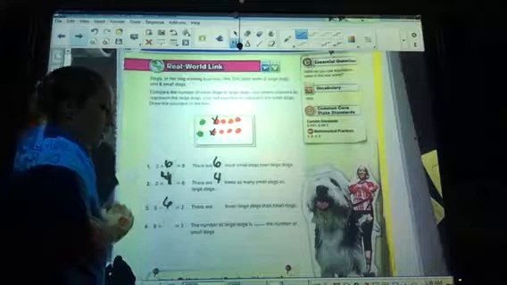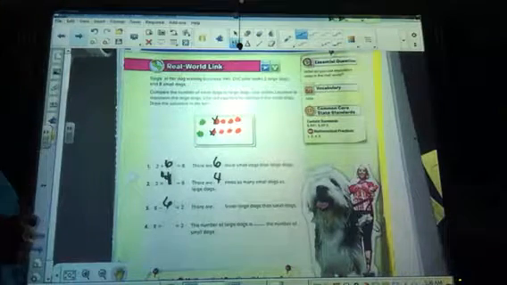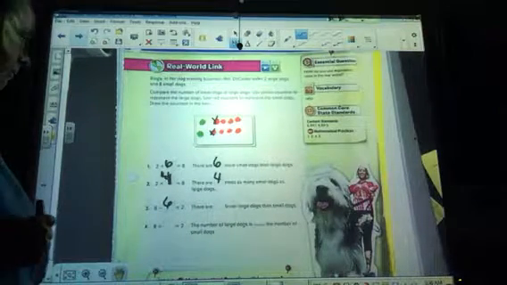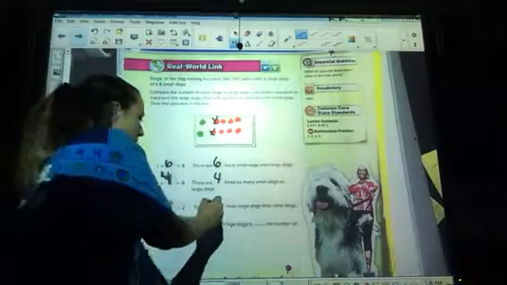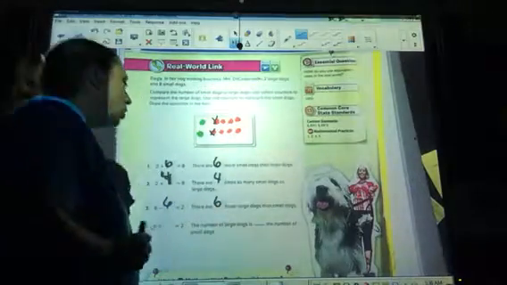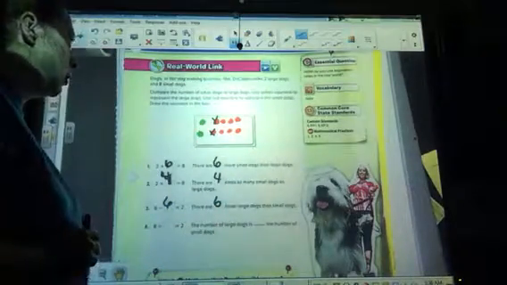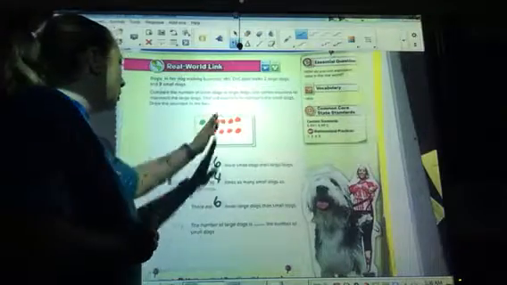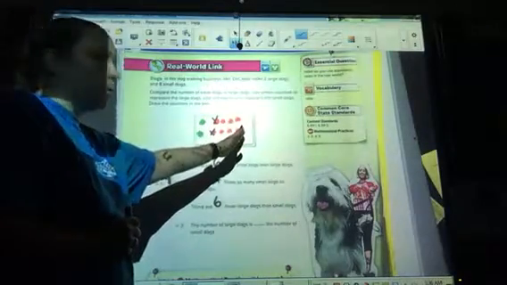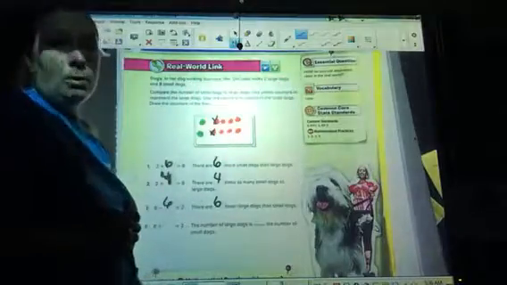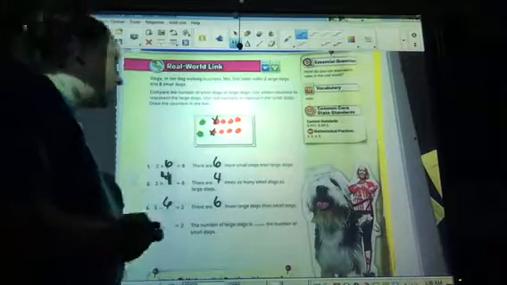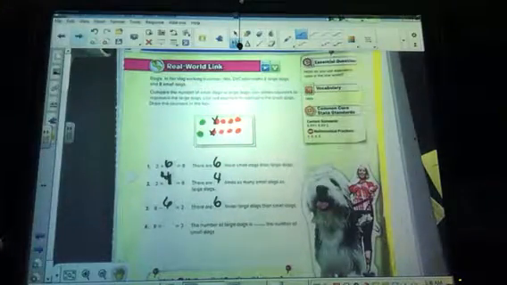There are blank fewer large dogs than small dogs. There are 6 fewer large dogs than small dogs. Again, you got 6 more small dogs, so there's 6 fewer large dogs than small dogs.